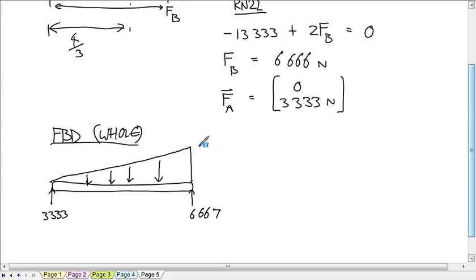At this point, the value of the distributed load is 10,000 newtons per meter. Where are the important points on this? Only at the ends. The function describing the distributed load never changes. So we only have 2 important points. That means we only have to make 1 cut. Okay? Any questions?